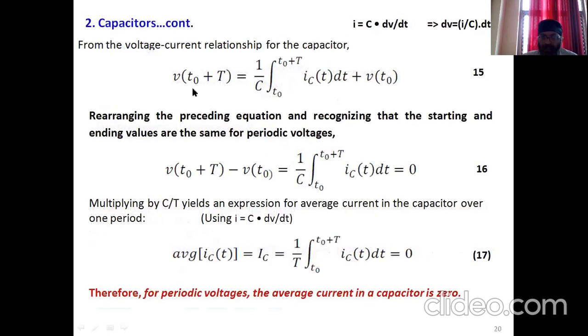Using the same thing, the voltage at the initial instant is V(T0), the initial condition, and the voltage after one complete cycle, V(T0 plus T), is equal to this: 1 over C, integral from T0 to T0 plus T, from initial to the final value, of the capacitor current multiplied by the time.